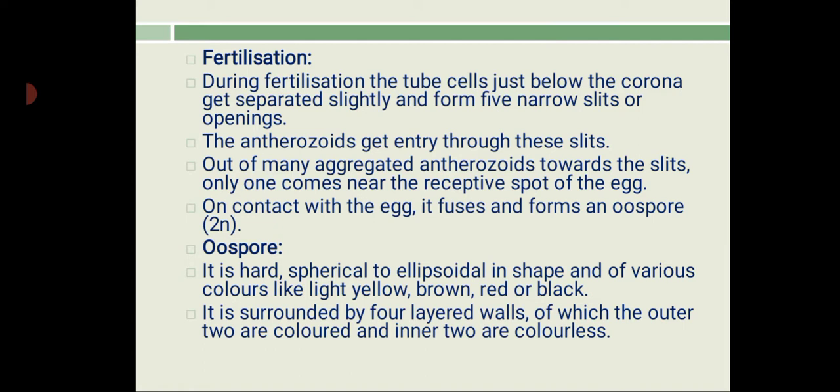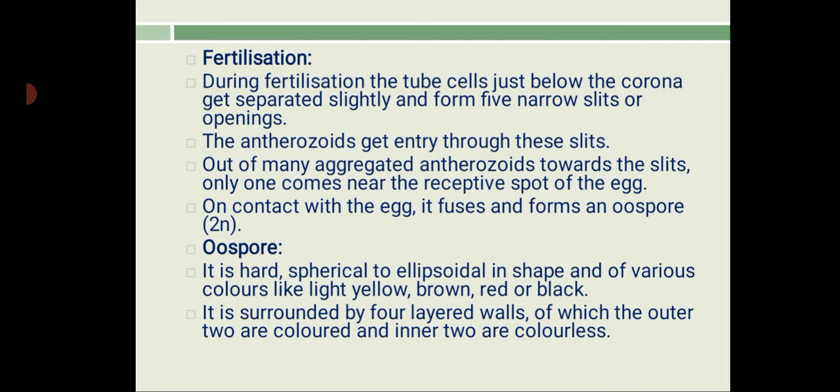और एंथ्रोजोइड्स जो कि ग्लोब्यूल के अंदर बनते हैं, they are biflagellated and they pass through these slits and enter into the nucleole.